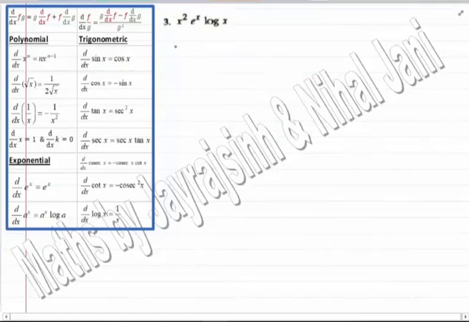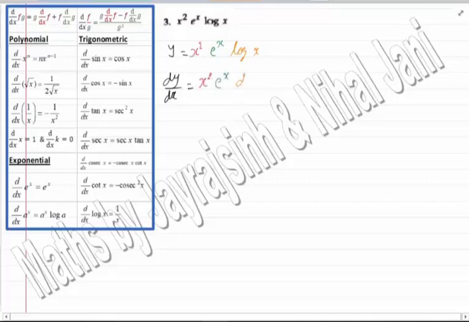In question number 3, we have x square into e raised to x into log x. Here we have three different functions in multiplication. Let me show you how you can differentiate this kind of multiplication. It's quite easy. First of all, the first two functions will be as it is.